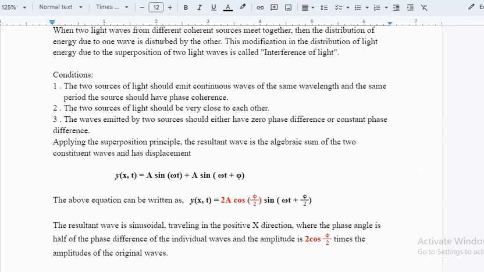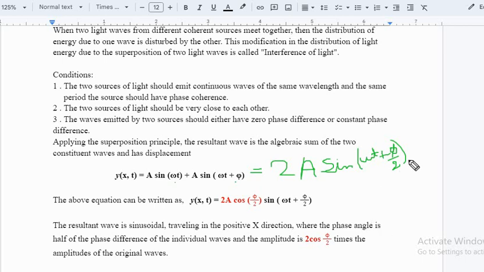Now when you add this, it can be considered as sin C plus sin D. So this can be written as 2A, taking A as common, sin of C plus D by 2. What is C plus D? C is omega t, D is omega t plus phi. So this will become 2 omega t plus phi divided by 2. So 2 omega t by 2 means omega t plus phi by 2.